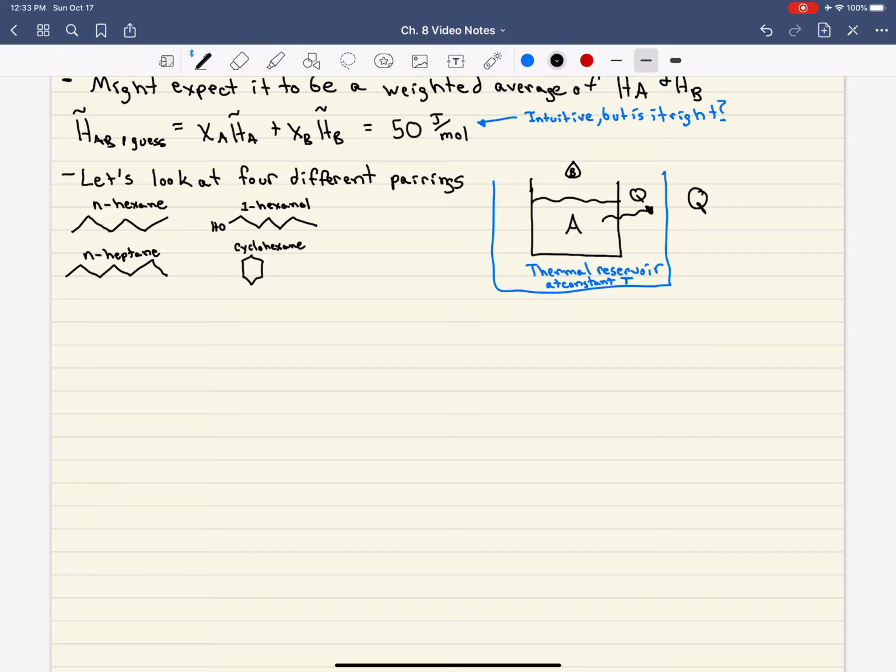In any case, the heat that's released from the resulting mixture would basically be something like this. Okay? Alright, and so if you can measure the heat and you know what this value is, then you could figure out what that HAB of the mixture is. Okay? Alright, and so that's the basic premise of this experiment.